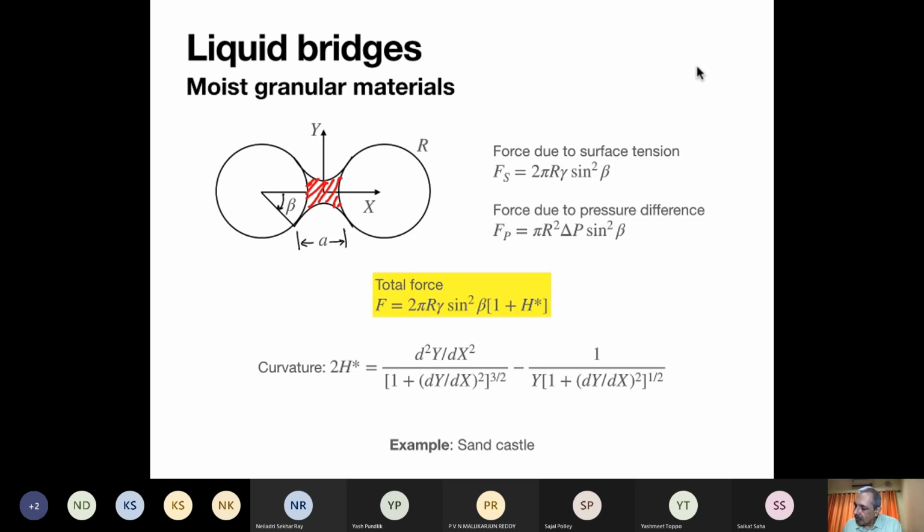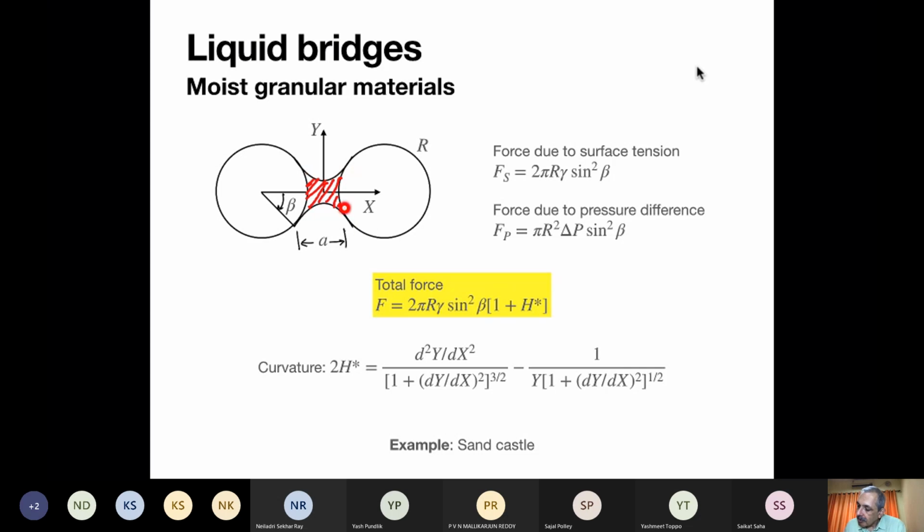This force is due to surface tension, and then also there is a force because of the pressure difference. So there's a surface tension force. That means that the surface is exerting a force because of this contact. The surface wants to shrink, so it's pulling the two particles together.